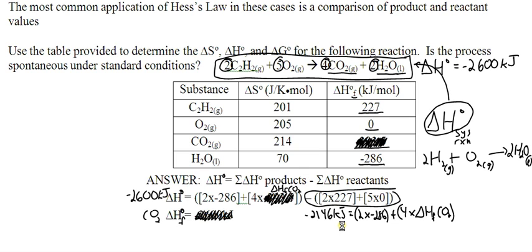And so, in essence, the change in enthalpy of formation for CO2 is going to equal negative 1574 kilojoules divided by 4, which should equal, fingers crossed, negative 393.5 kilojoules. So that's another version of the way that they can throw that problem at you.